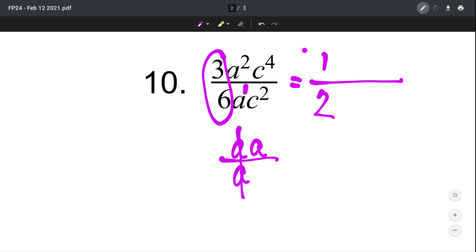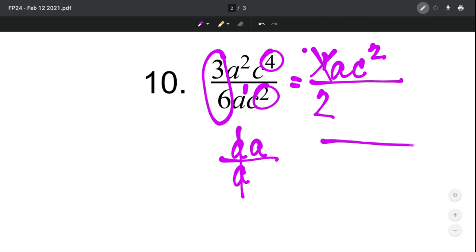One of these over the other becomes 1. So I'm just left with a in the numerator. That is the same as taking 2 minus 1. And I get 1, so there's only 1 a. And then 4 minus 2. That's c to the second. Now, when we write this, we don't generally have a coefficient of 1, right? That's just not generally how we do things. So the more correct way to write this is ac squared over 2.